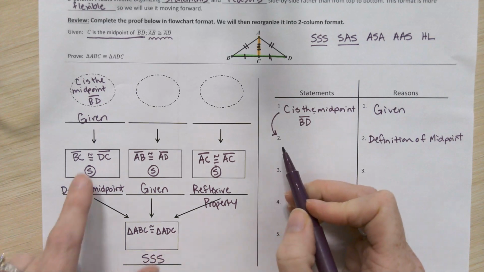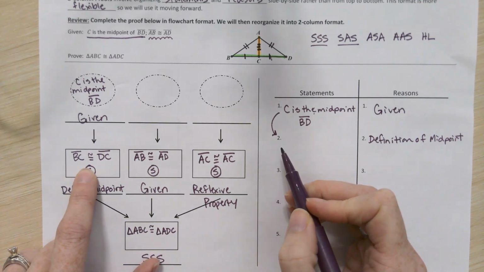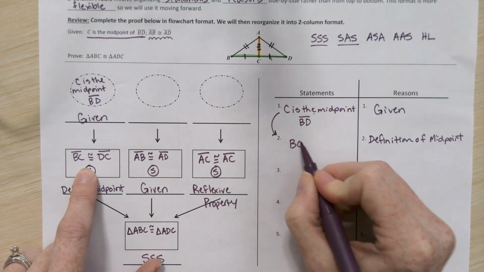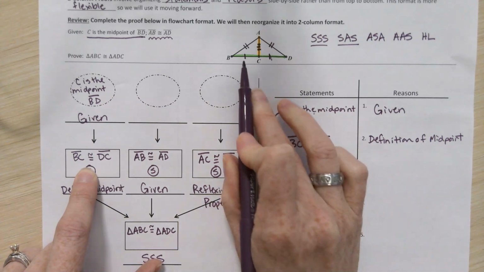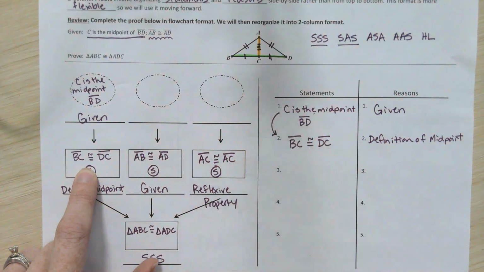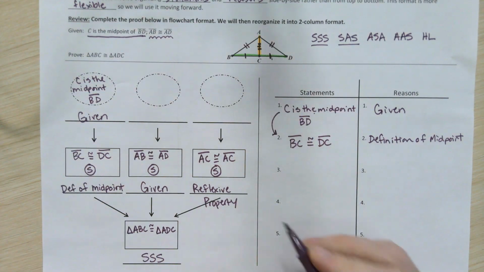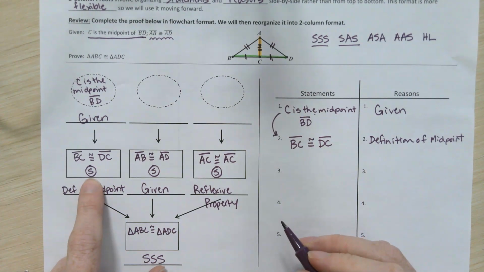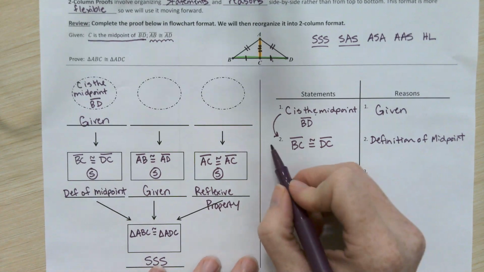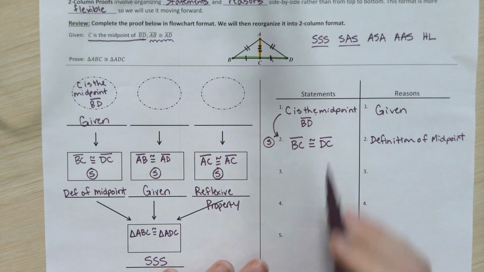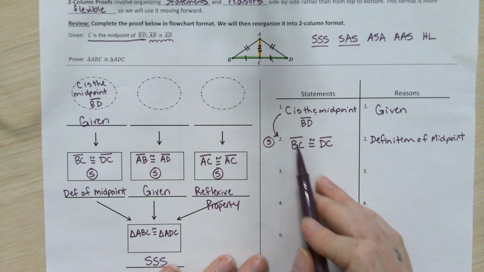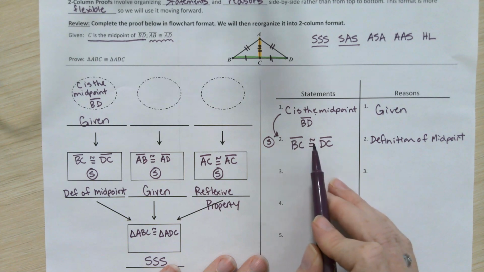And so we would list, just like we did directly below it in the flowchart proof, that segment BC is congruent to segment DC, the ones that we marked along the bottom part of that picture. And then if you want to keep track, since there's not a box for you to put an S in, you can just put that out there next to the proof. That's a pair of congruent sides. We've used the midpoint given and turned it into more useful congruent sides.